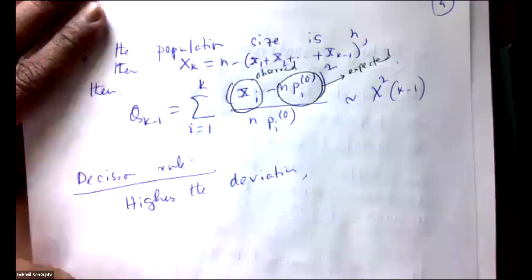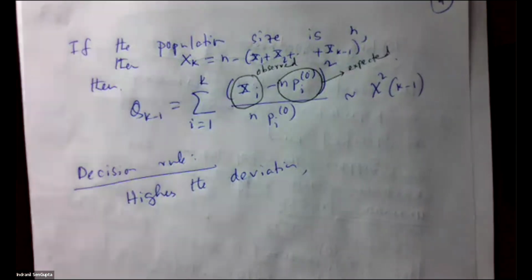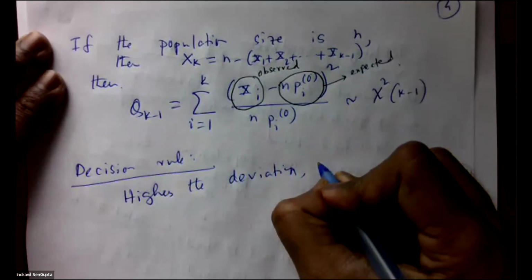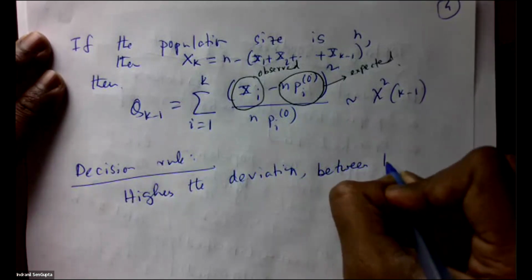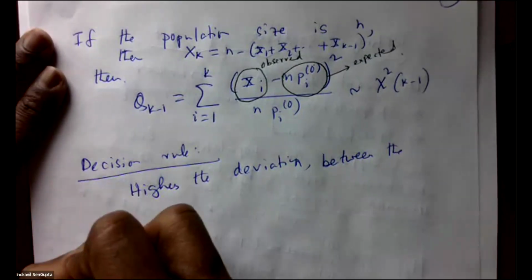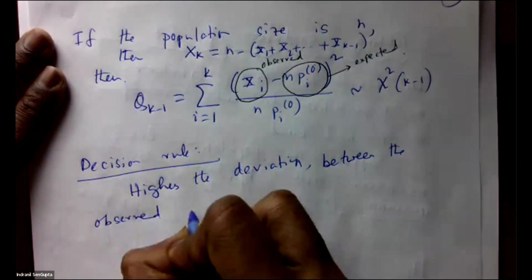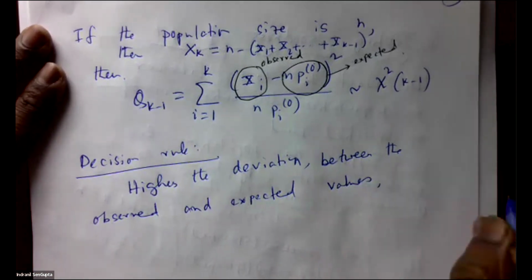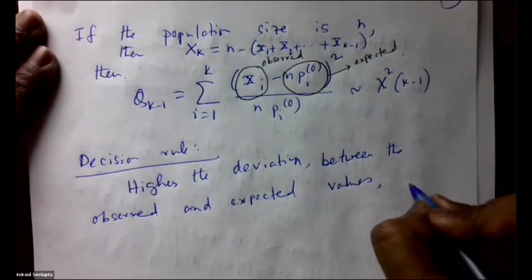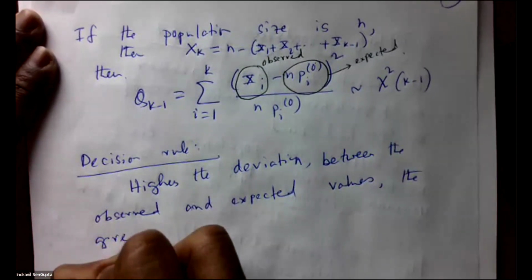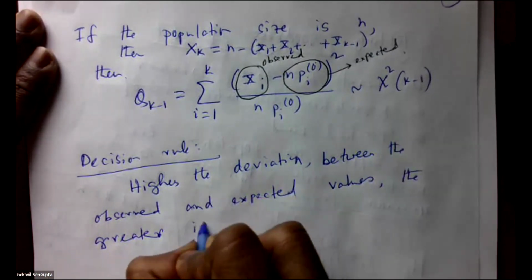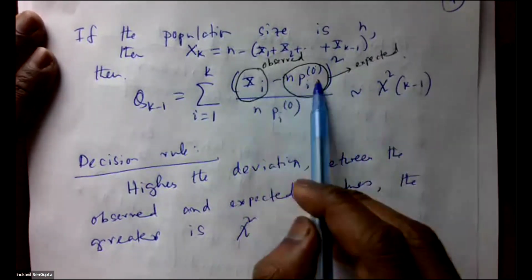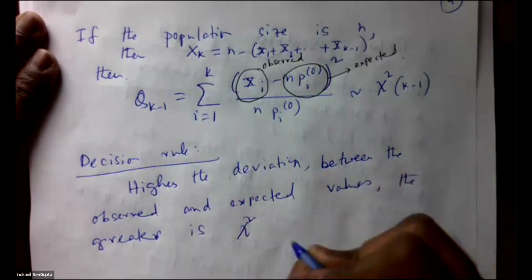You will see this in much better terms when I write the example. The higher the deviation between the observed and expected values, the greater is the chi-squared. Of course, if the difference is bigger, this chi-squared will be bigger.